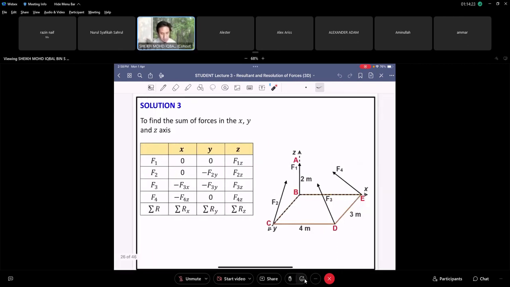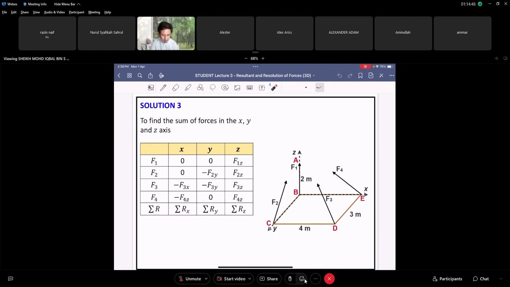Once we have the magnitude, we need to tabulate it into a table, into the X, Y, and Z. So now it's easy. You're just putting in all the values inside the table here. You just need to be careful about the signage. The signage depends on if it's going to the negative axis or the positive axis.